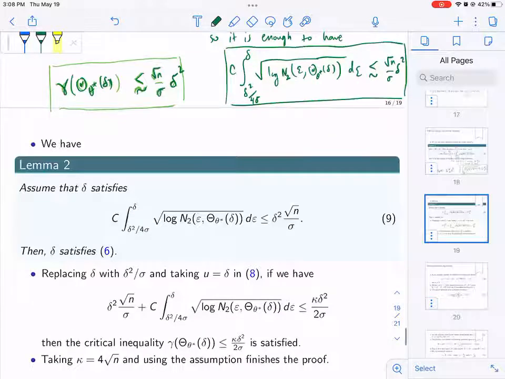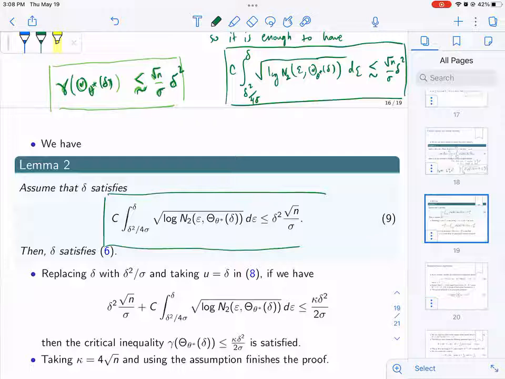So that's the result that you get, which is a very neat result. It's saying that within this range, the metric entropy, if you integrate it, the root of metric entropy controls this side, and then the other side is like delta squared. Does this make sense?